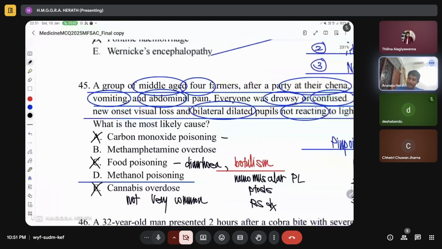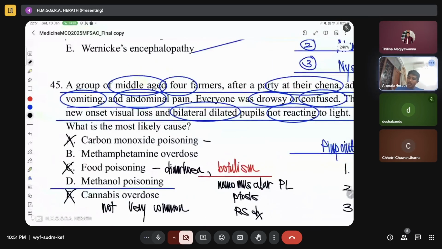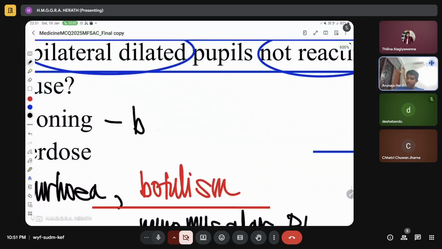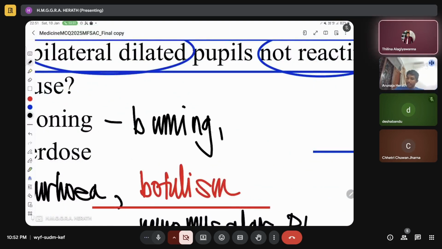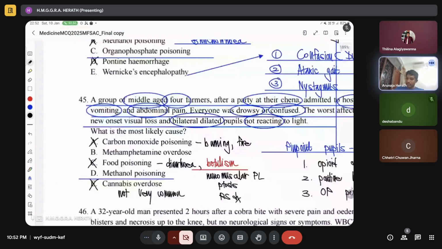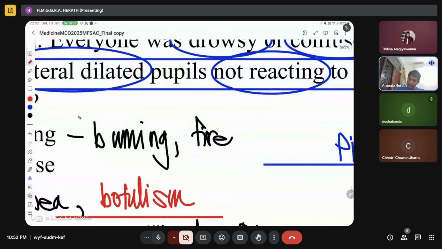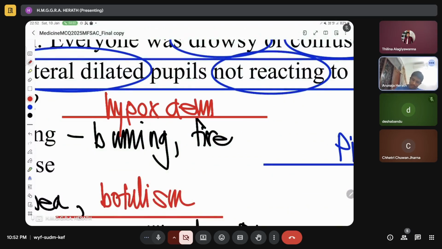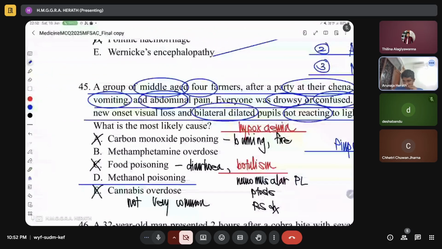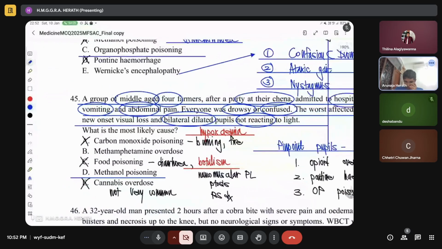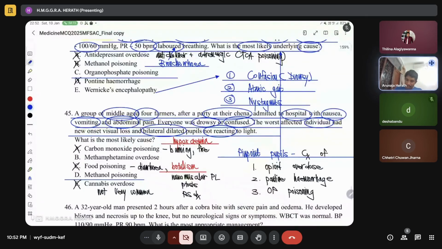Any other ways? After exposure to a burn or a fire, after inhalation of fumes, they can get carbon monoxide poisoning. These patients will usually have hypoxia and disorientation. Methamphetamine overdose can also cause this kind of manifestations, but here the most important one is visual loss. Methamphetamine will not cause visual loss.